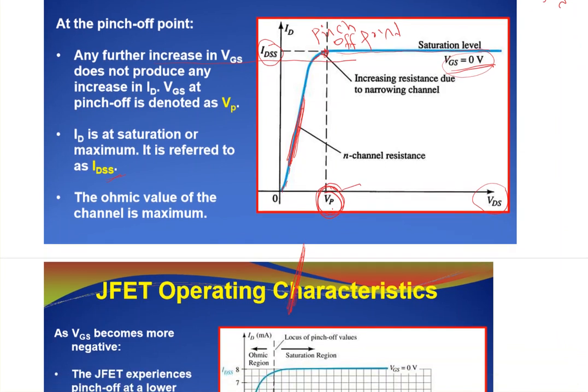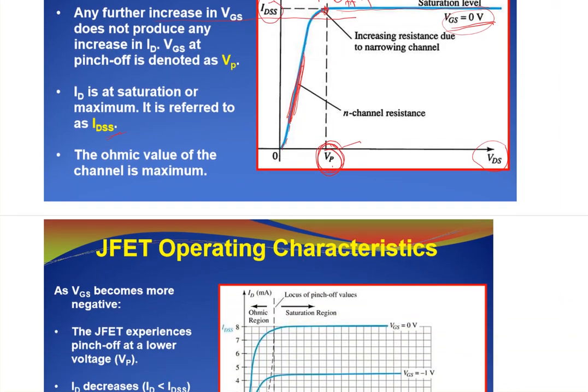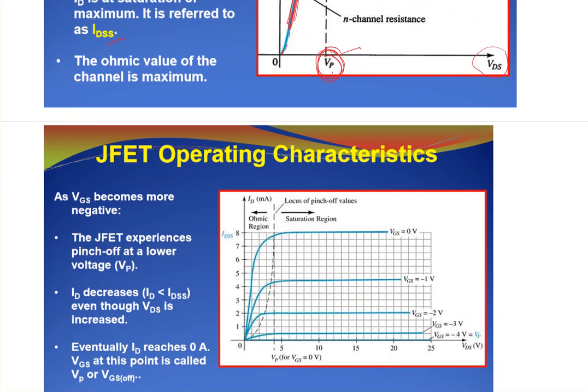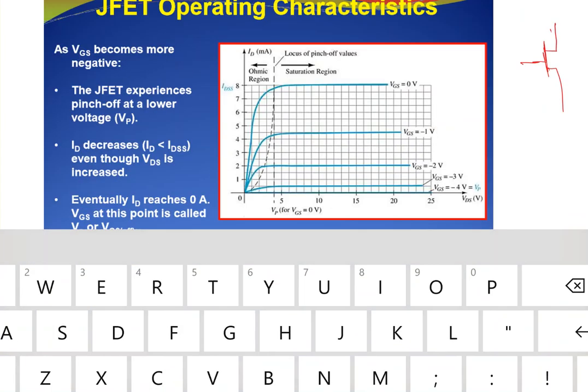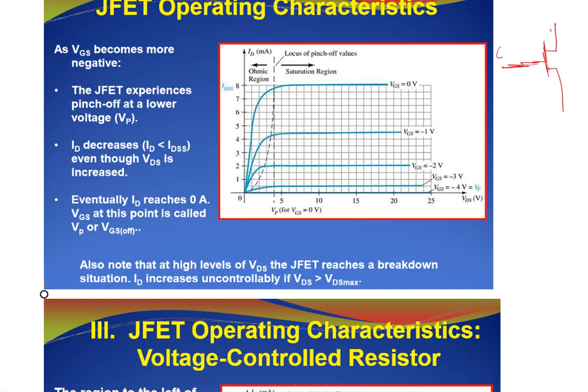We will see in a minute what happens if I change VGS, which we'll take more and more negative. Again, this is our transistor, and this is how you connect it: here you have your G, here your S, and here your D. This is my ID, and this is my VDS.